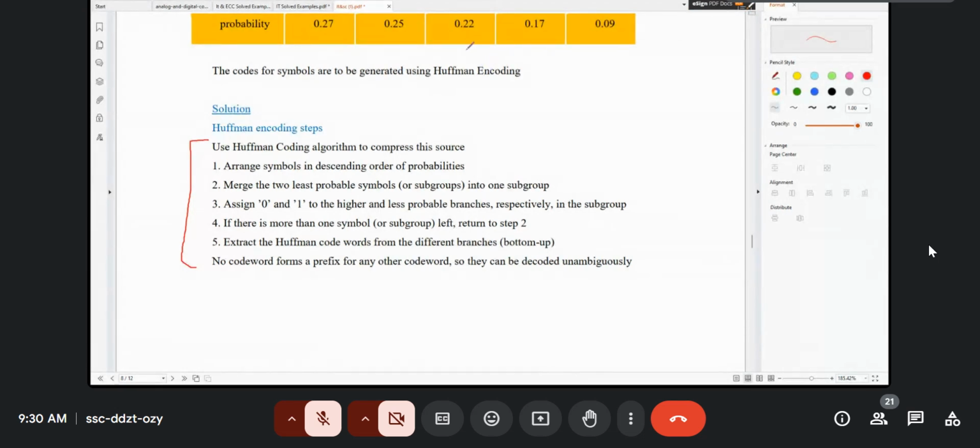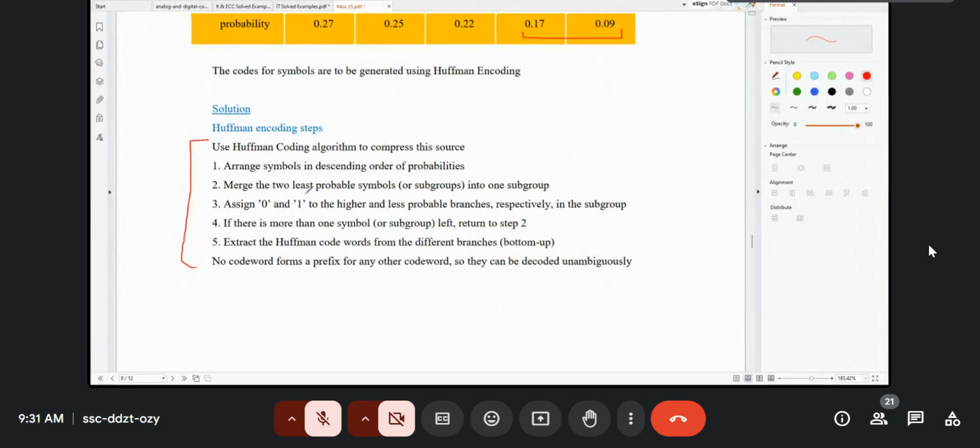Sometimes they may not be in descending order of probability, so you have to put them in descending order of probability. Merge the least two probable symbols or subgroups into one subgroup. So in this case, our two least probable symbols are these. So we are going to start by merging these two.